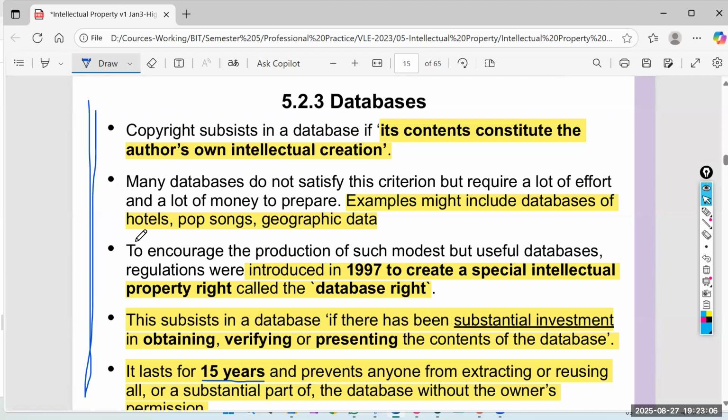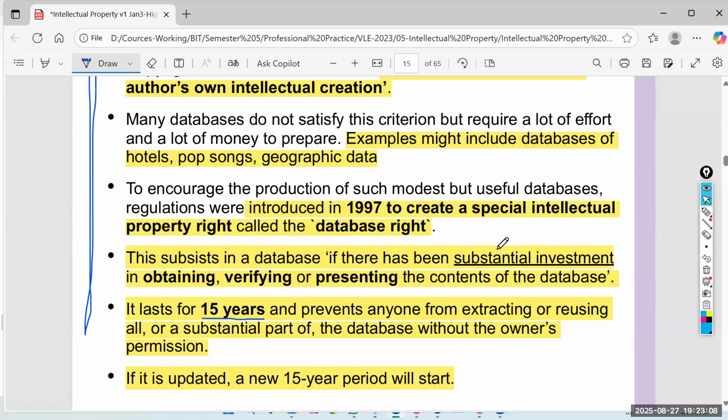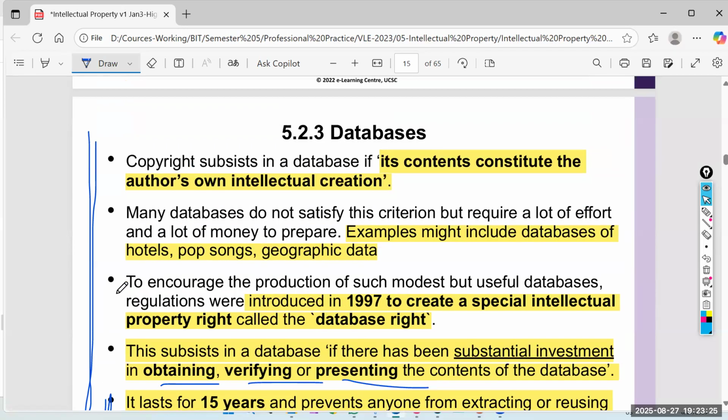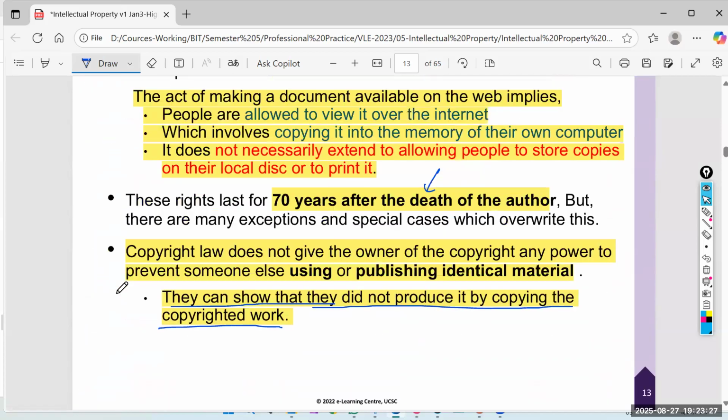Okay. But you need to prove that you have made a substantial investment in obtaining, verifying, and presenting your database contents. And the time period is different. For normal works, you know that even after the death of the last author, it is about 70 years, right?